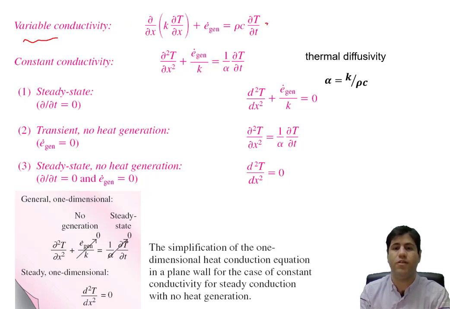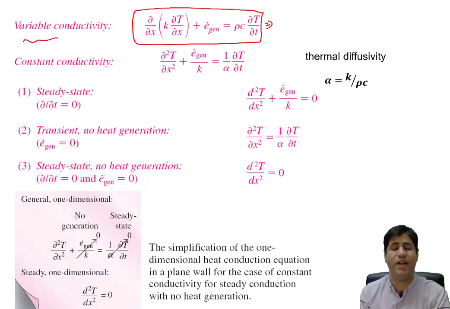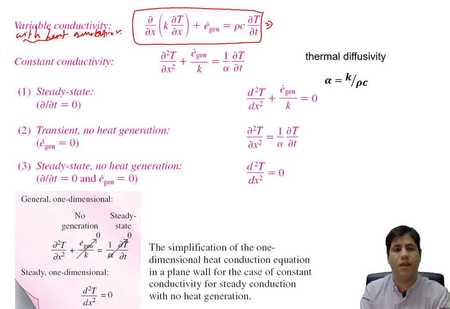For variable thermal conductivity, transient heat transfer, and heat generation, our equation is like this.